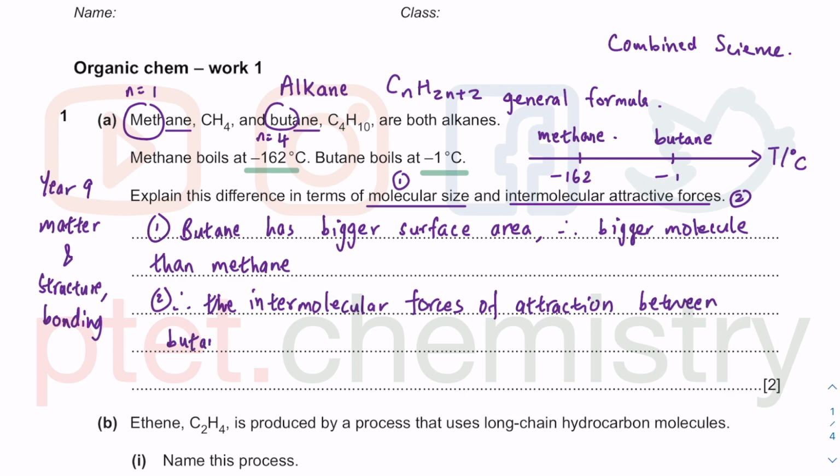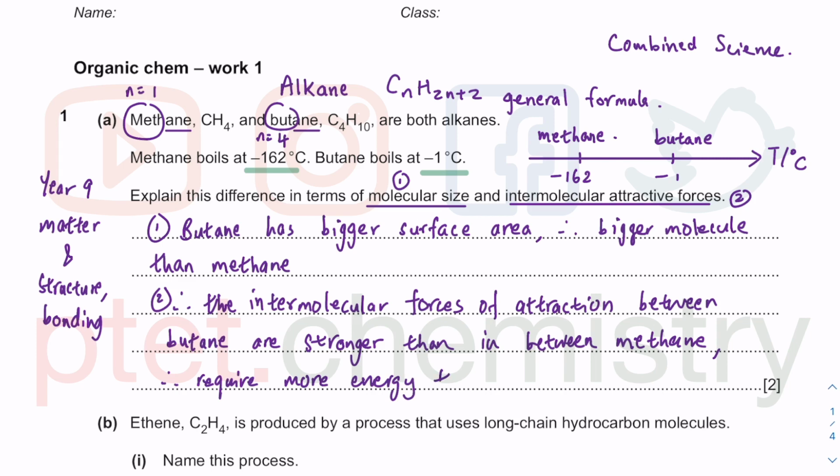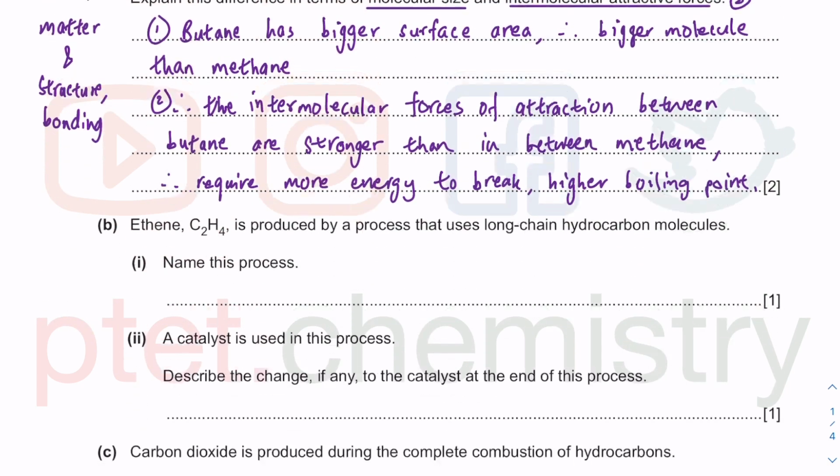So those between the butane molecules are stronger than those between the methane molecules, therefore we require more energy to break them. You need a higher temperature to break them, therefore a higher boiling point. These are all part of year 9 structure and bonding, where they have simple covalent structure.